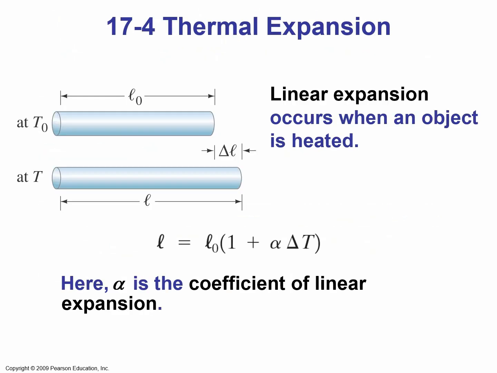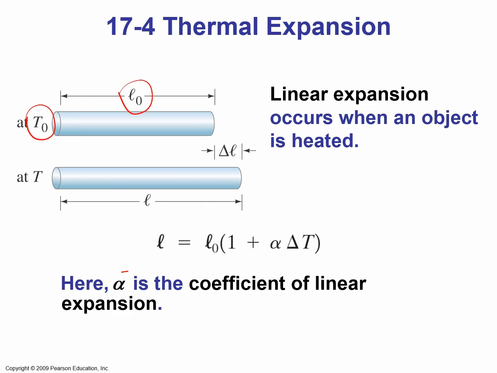Section 4. Thermal expansion. As we said before, typically materials expand as they get heated. For example, here we have a cylinder with an initial length of L naught at the initial temperature T naught.